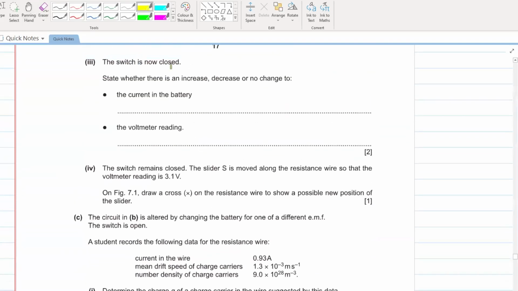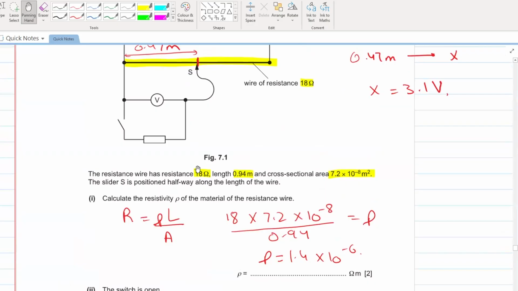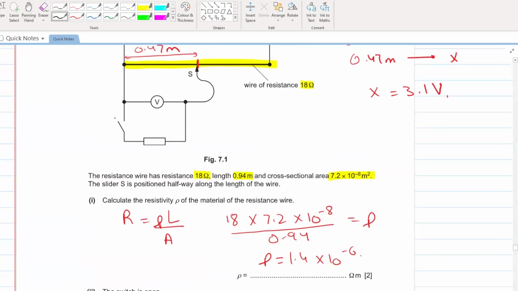The switch is now closed. State whether there is an increase, decrease, or no change to the current in the battery and the voltmeter reading. If you close the switch, what happens? बेटा इफ यू क्लोज द स्विच, अगर गौर से आप देखो तो रेजिस्टेंस क्या कर जाएगी? डिक्रीज.